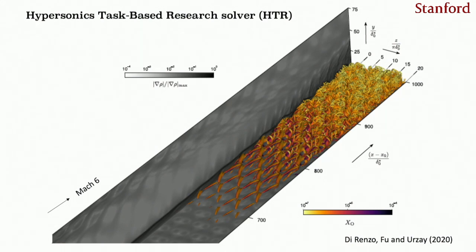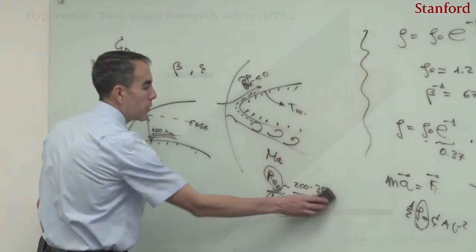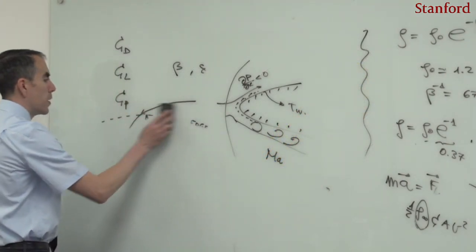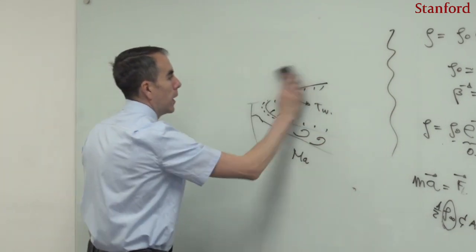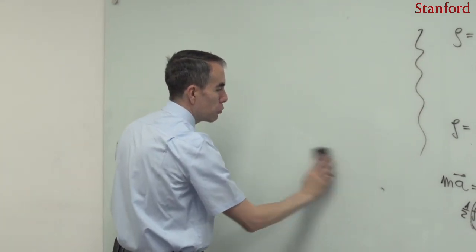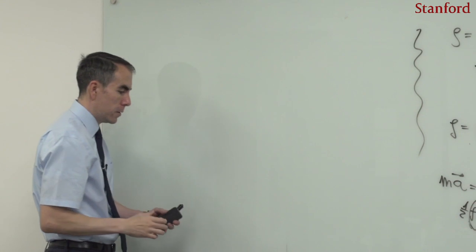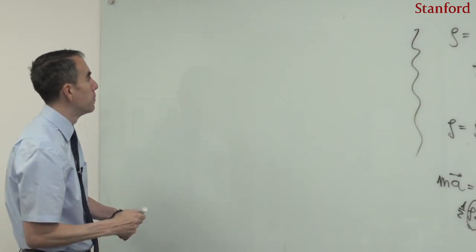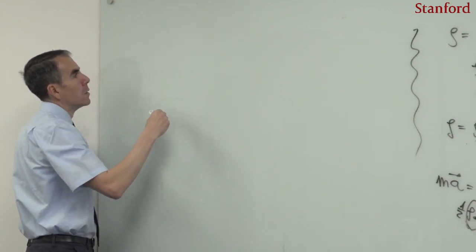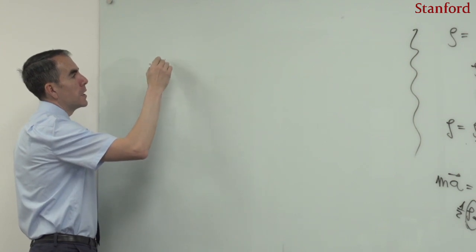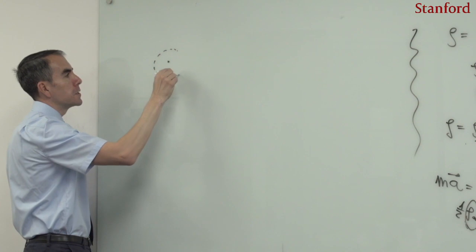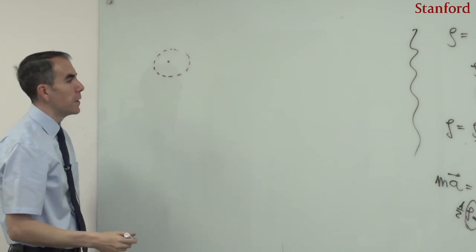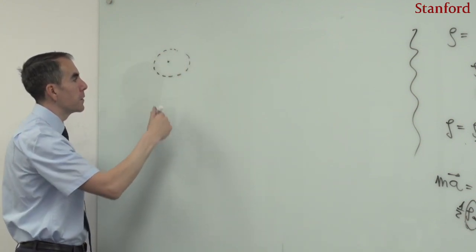Let's just go back here and tell you that not only is the viscosity important at high altitudes, there is also an effect related to altitude that has to do with rarefaction. So if one, for instance, has a molecule here, let me just represent it as a sphere, like a hard sphere model.